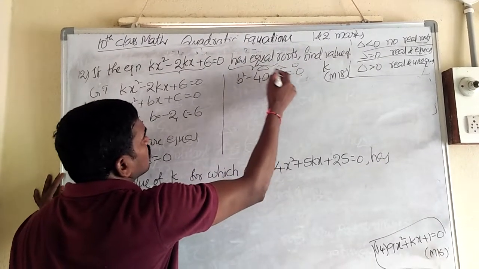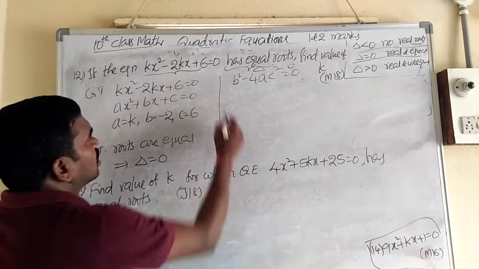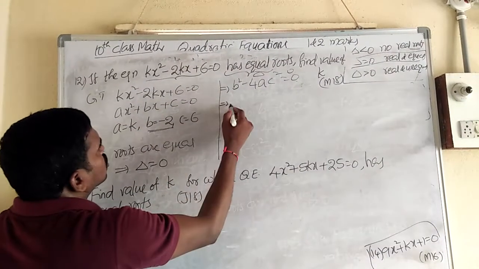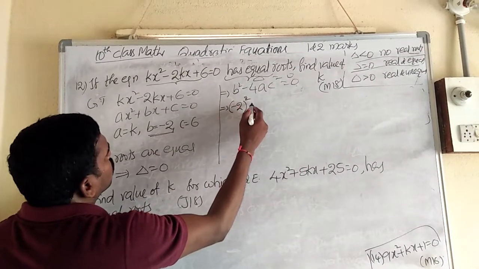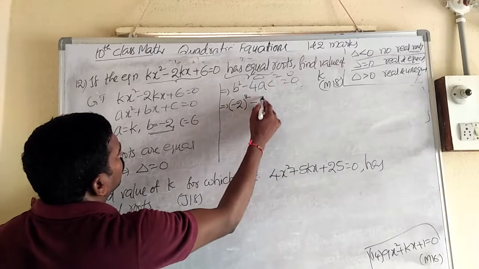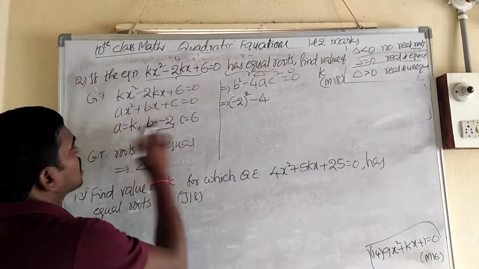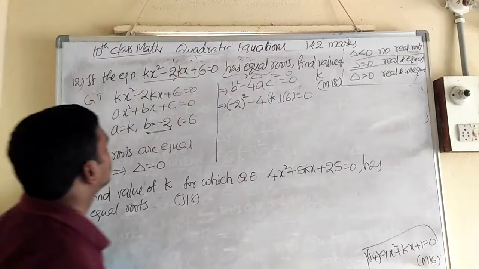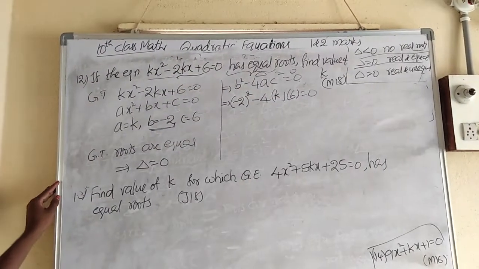So 0 equals delta, which means b square minus 4ac. Now substitute. What is b? Sorry, the b value is minus 2k. So we get minus 2k whole square, next minus, next 4, next a means k, next c means 6.